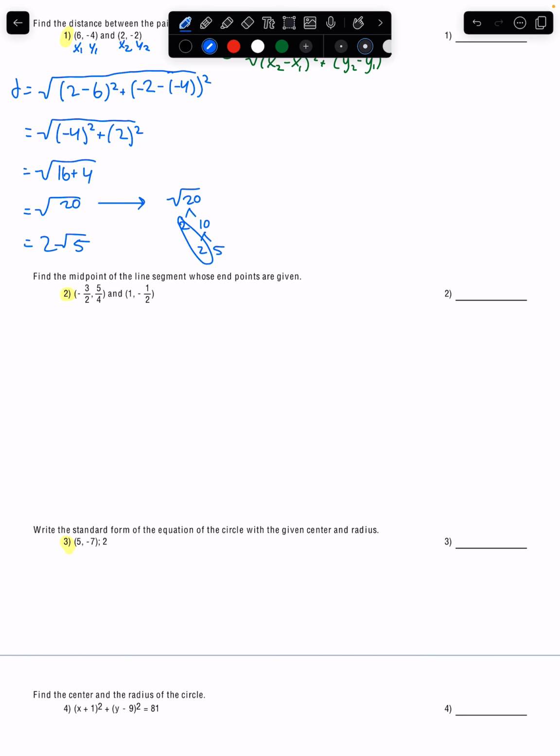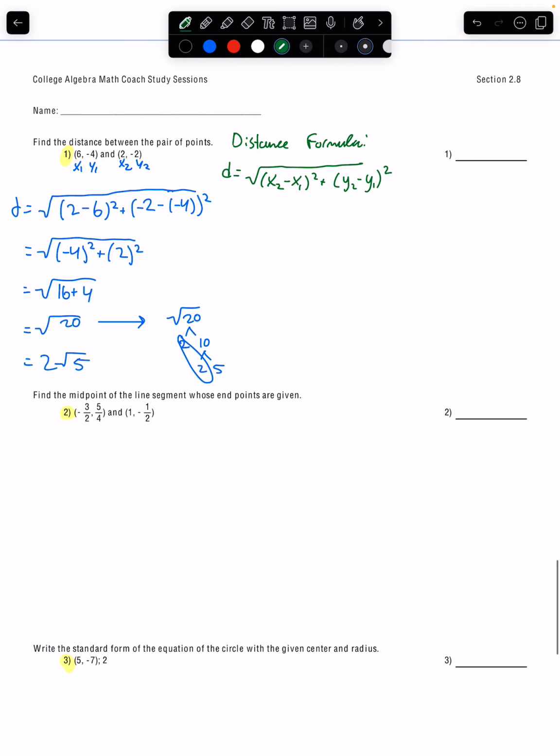Now for number 2, find the midpoint of the line segment whose endpoints are given. So we'll have another formula called the midpoint formula. Which looks like that.